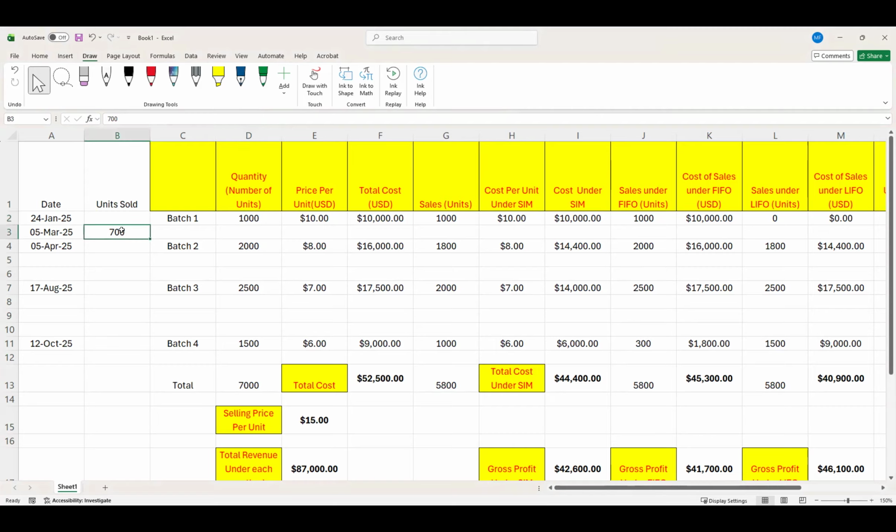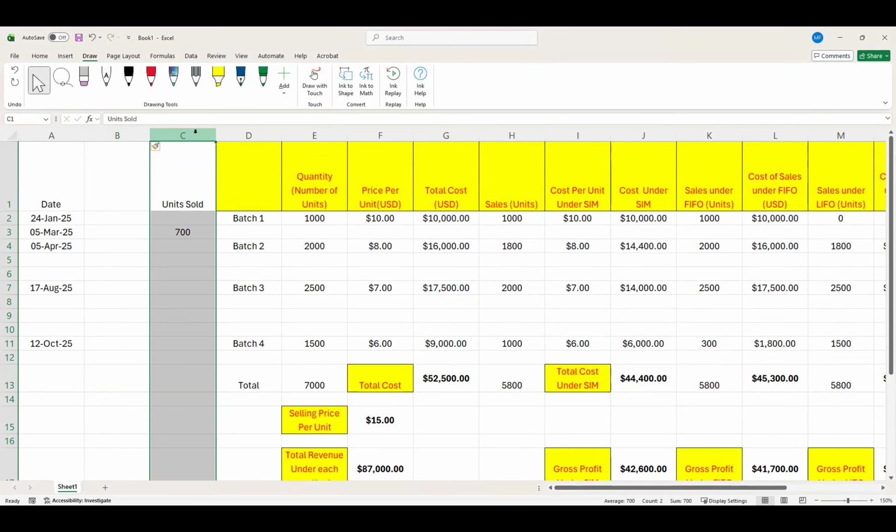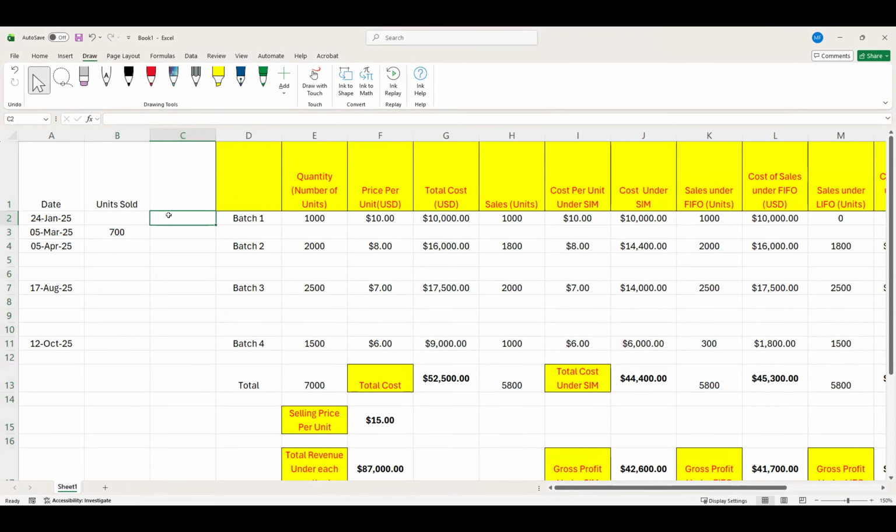So if you have 700 units which were sold and you want the ending inventory level on this day, I'm just assuming that this 1000 was bought on 24th of January. So you have ending inventory as, I'll just call it perpetual LIFO.